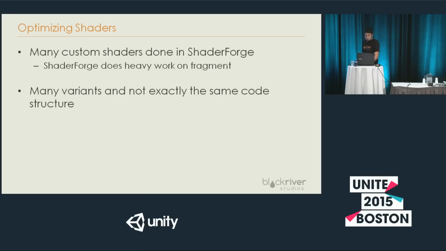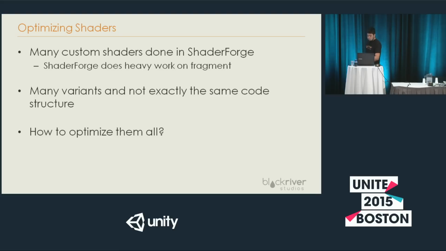Also, we had many variants of these shaders, and they didn't produce the same code, because when the technical artists were altering the shaders, sometimes they changed a little bit, although it's exactly the same algorithm or the same shader. But when I got to optimize and see the code, they were different.